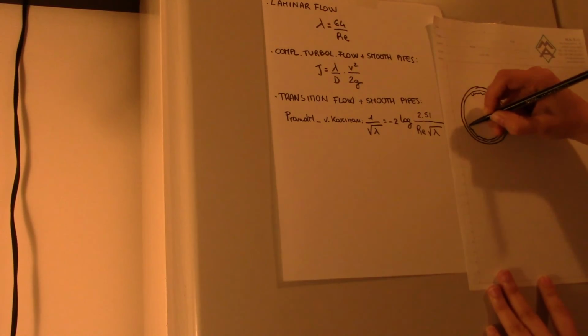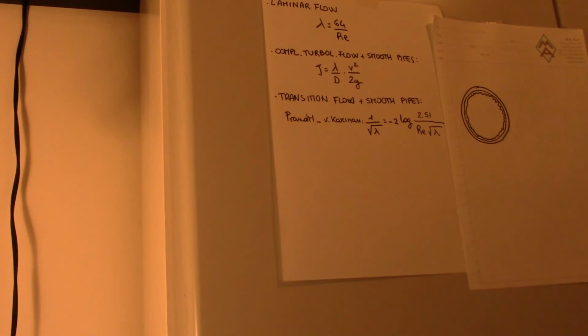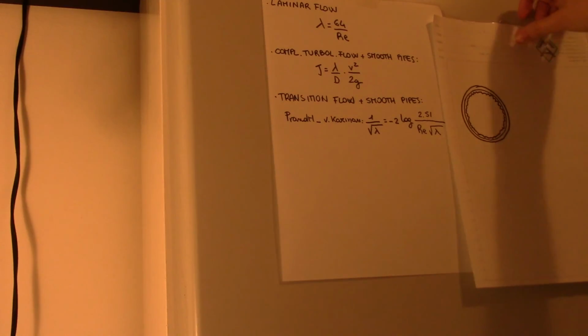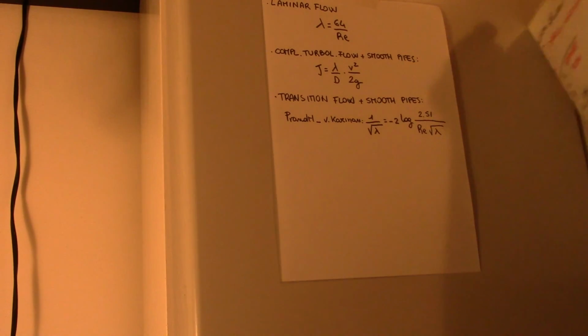So it's made by the flow itself, it's made by the materials of your pipe, and something like this. So basically the roughness is something that decreases the diameter of your pipe.